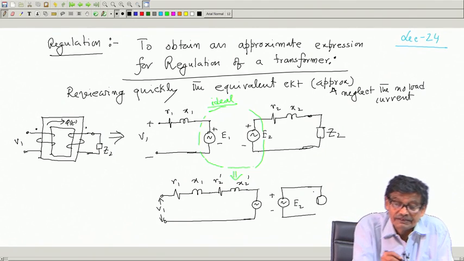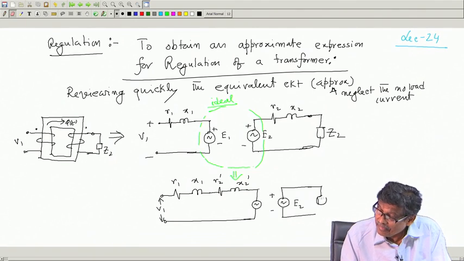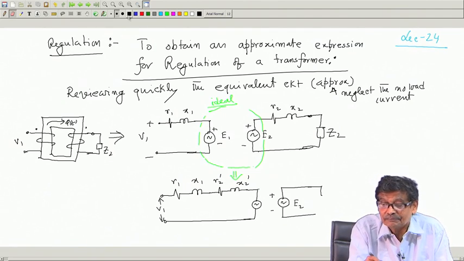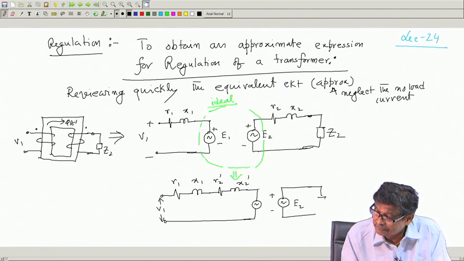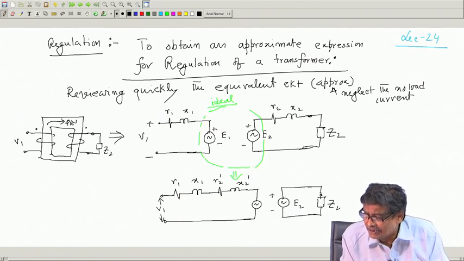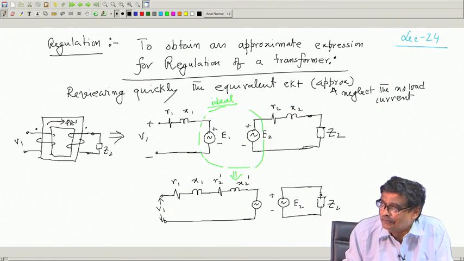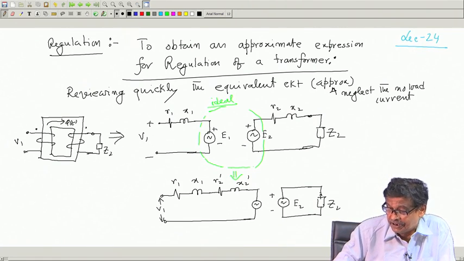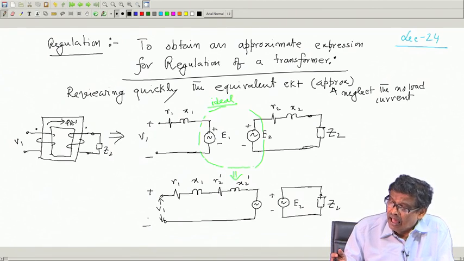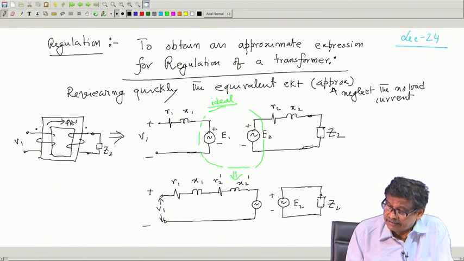Sorry, this is the load. That is, if you wish, you show no impedance on the secondary side, you push it here on the primary side, this plus minus, and this circuit and this circuit will be identical, no problem if you solve it.